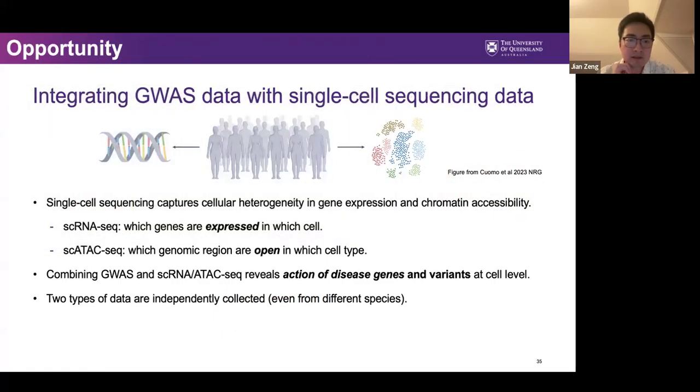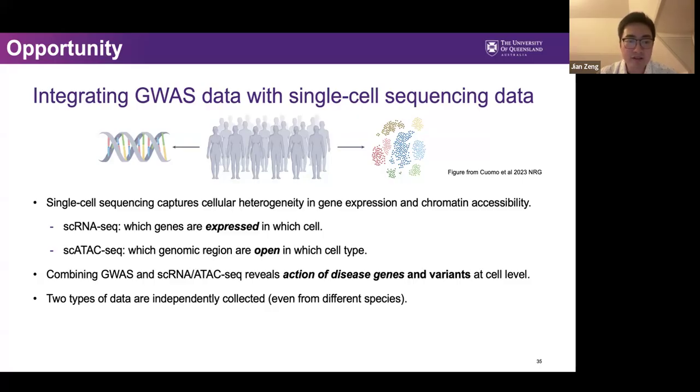So the two commonly used types of single cell sequencing data are single cell RNA-seq and single cell ATAC-seq. Single cell RNA-seq tells us which genes are highly expressed in particular cells, and ATAC-seq tells us whether the genomic regions are accessible, whether they're open in a particular cell type and even developmental stage.